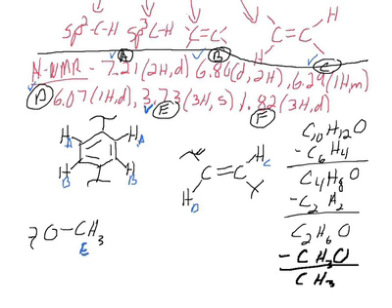And all we have left is a 1.82 peak, right? That needs to be a doublet, right? So that's a CH3. It has to be a CH3, and what's it going to have to be next to? It's bonded to a carbon, it's double bonded to another carbon. But it has to have one nearest neighbor, right? To be a doublet, you have to have how many nearest neighbors? 1.